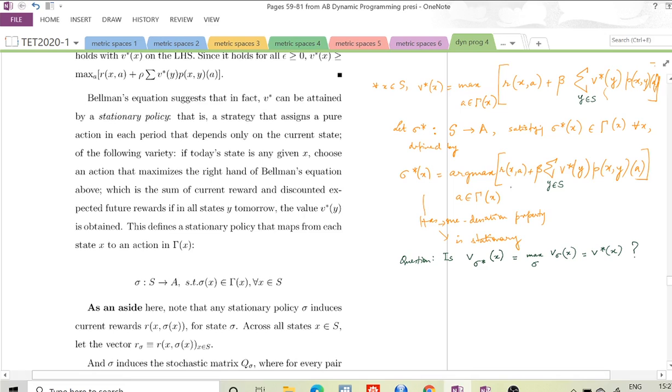I can see that it can't improve in one step. Suppose it can improve in a certain number of steps, right? Suppose it can improve in the infinite horizon, right?